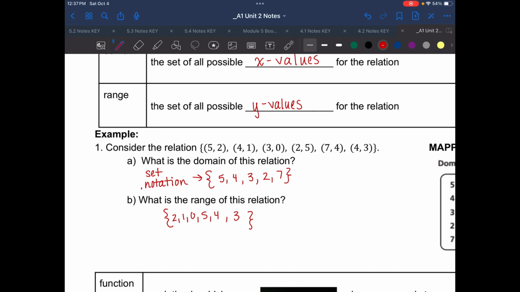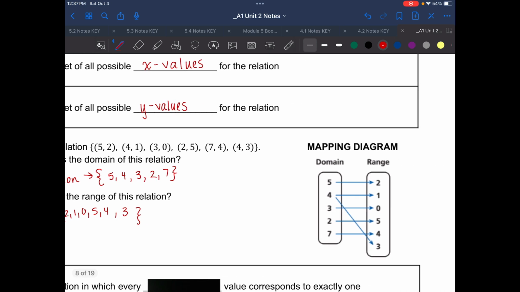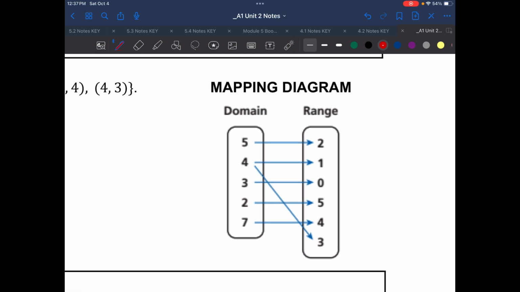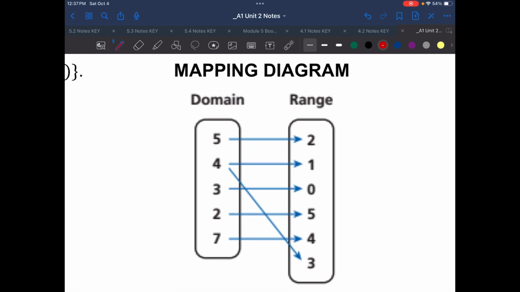We can also show our relations in a mapping diagram. When we put it in a mapping diagram, we have domain and range split up, but the same points are still there. We still have the point 5, 2, it's just written right here. We have the point 4, 1. We also have the point 4, 3.